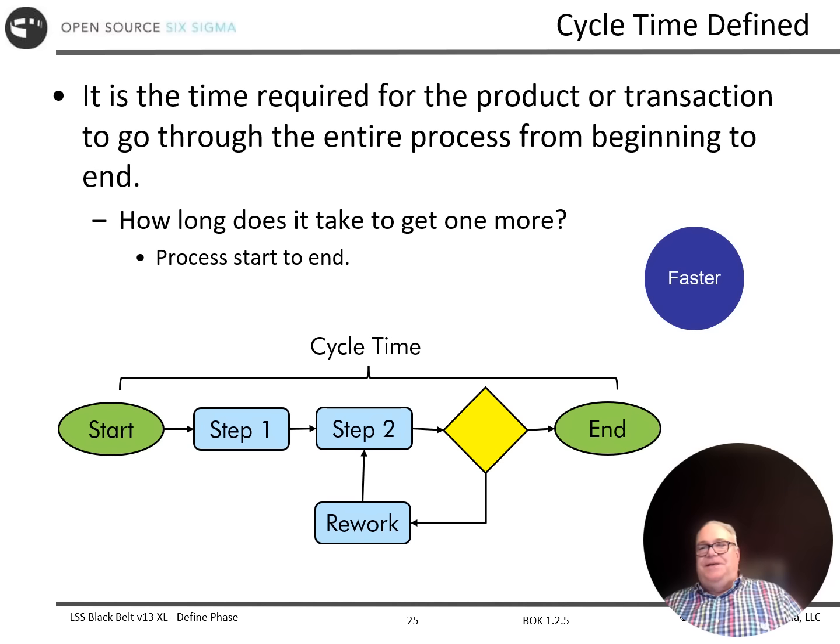So let's look at some definitions further for each of the categories. In the faster category, I can use this on every project. How long does it take, so cycle time, to get to the end? So I start, I turn on the stopwatch, I do my activities, hopefully mostly value added, but there might be some rework in there.